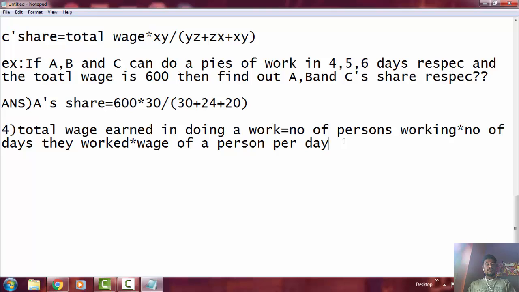This is such a beautiful formula where you can find 4 different things. If you are given any 3, you can find the remaining one. Please make a note of it or just remember it. We'll go to the next concept in 5 seconds.